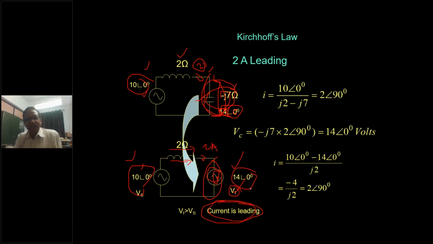Both voltages must be in phase, that is the condition. What about magnitude? The magnitude depends. If you change the voltage across the capacitor or the source voltage, the current magnitude will change, but it will be leading. Here Vs is less than Vi. Similarly, one more case we are going to discuss.